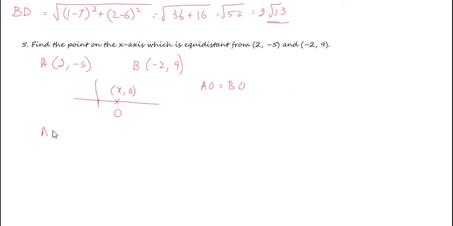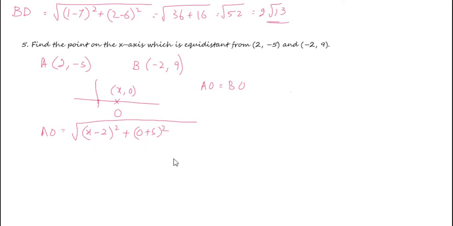Now AO equal to square root of, you take this one as x2 y2, this one as x1 y1. So x minus 2 whole square plus 0 minus of minus 5, so it is 0 plus 5 whole square.